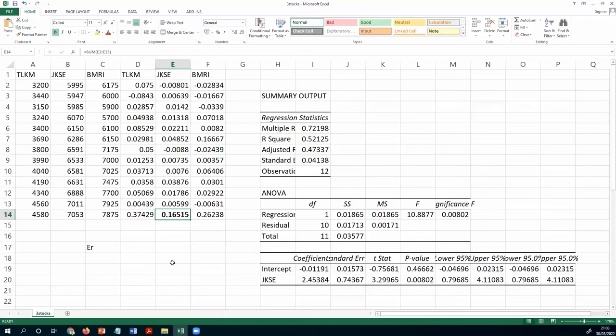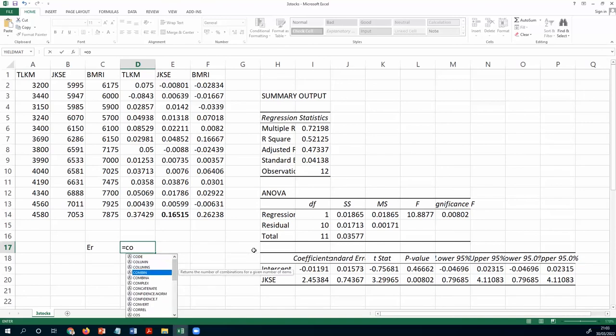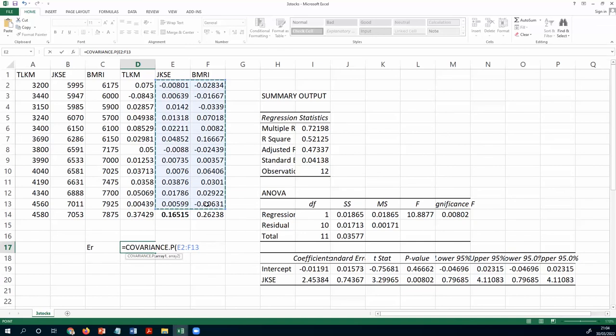Another way is using the beta from here, equal to the covariance. Wait a second, I'm explaining how to do it in Excel. Maybe you want to validate.